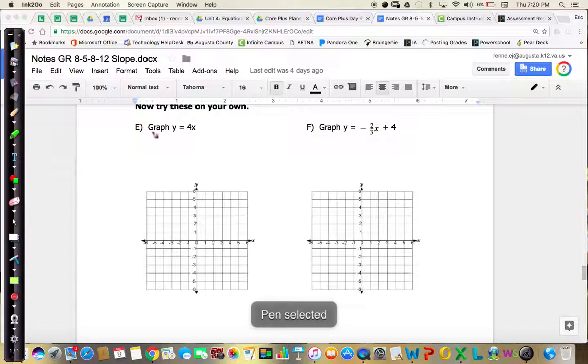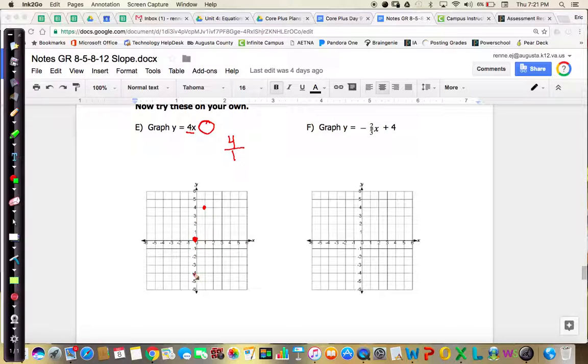Okay, welcome back. So hopefully you tried these on your own, and let's see how you did. So this one does not have a b, so we're going to start at the origin. We're going to underline the slope, and it's an integer, so we're going to put 4/1. So positive slopes, so we're going to make sure they're both positive or both negative. So up 4/1, I can't go any further that way.